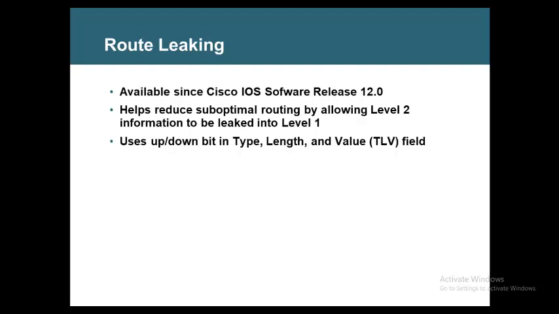But we were able to ping the other areas. How? Default route. Now, if in case you want to see L2 routes in L1, you can leak them.